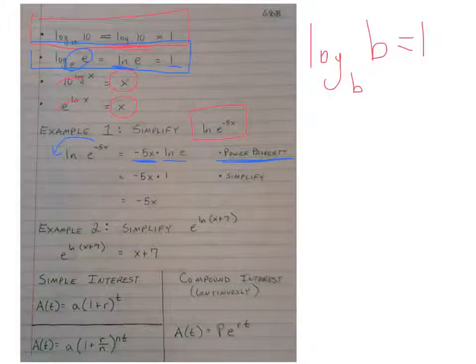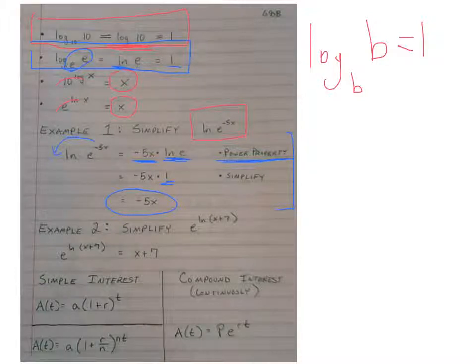We can simplify natural log of e to equal 1. So now we have negative 5x times 1, which is negative 5x. What we're demonstrating here is the power property and that the natural log of e equals 1. So this has two different properties being applied in the execution of the problem.